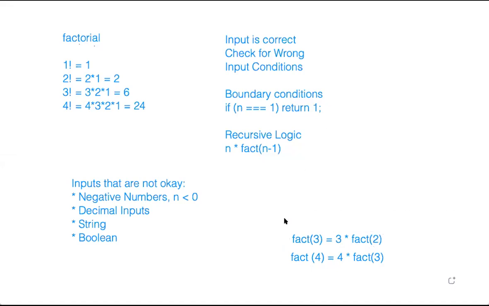Then factorial 2 gets called, which is essentially 2 into factorial 1. And then factorial 1 gets called, which actually returns 1 because that's how the code is working.